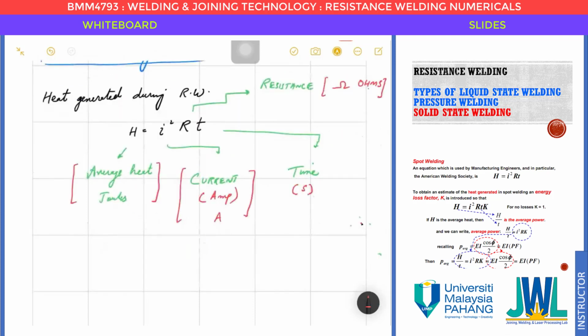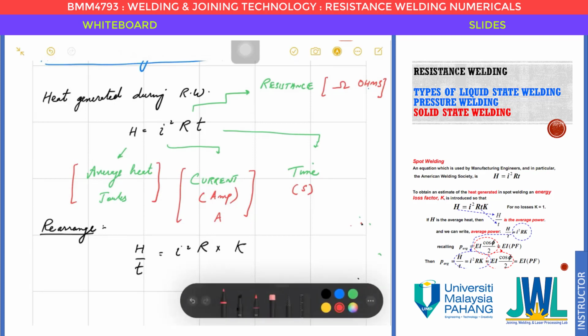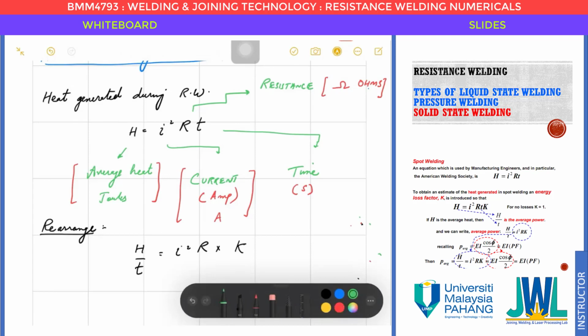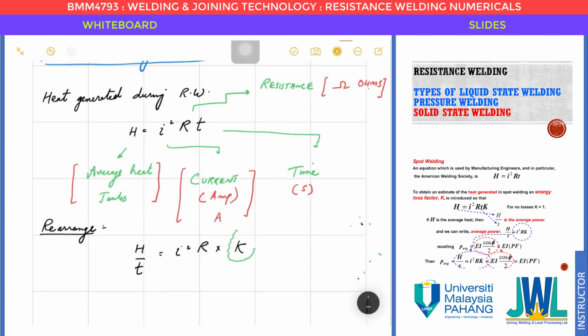And I can rearrange the formula as well. When I rearrange, it will be H over T is equal to I square R multiplied by K. And this K is called the loss factor.